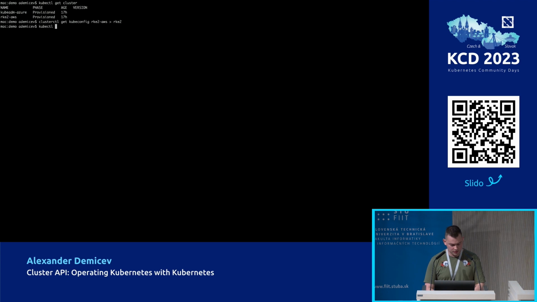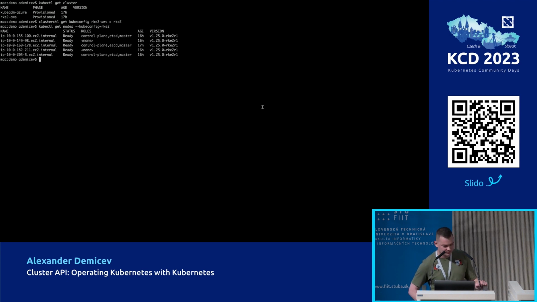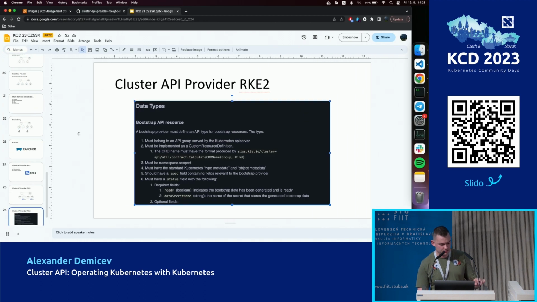And now I will use this to interact with the cluster that I created. Okay, I think the internet is slow, but it worked 5 minutes before. Yeah. So that was it.